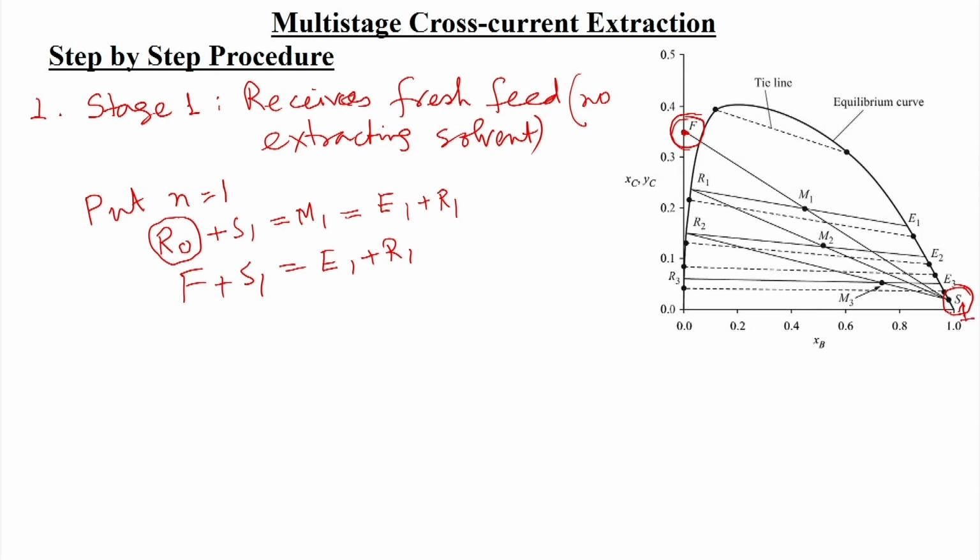So, we know what the x b value is, that is almost around 100%. So, near 1 actually it will be, and with some amount of solute concentration, that is why it is not meeting x c is equal to 0, some x c value will be there, because in most of the extraction processes the pure extracting solvent is not used.